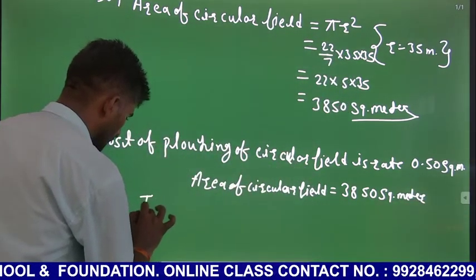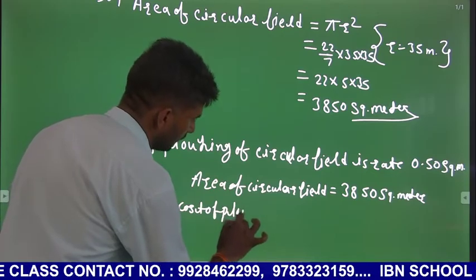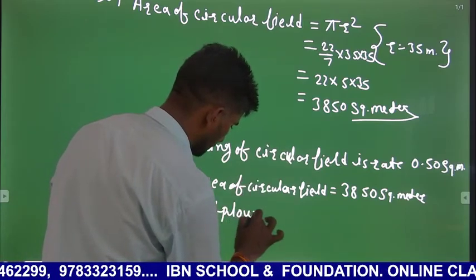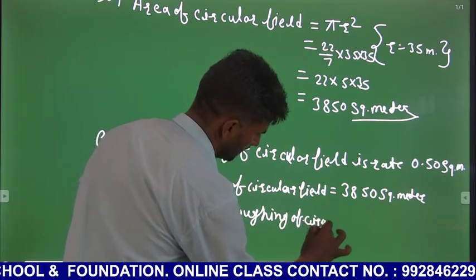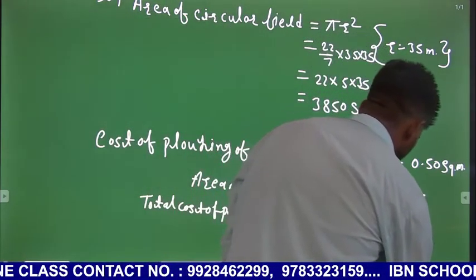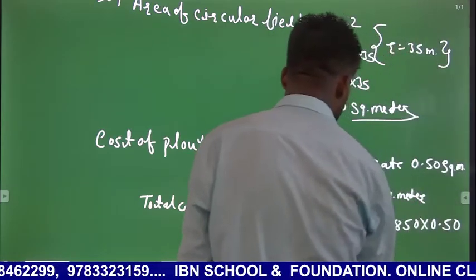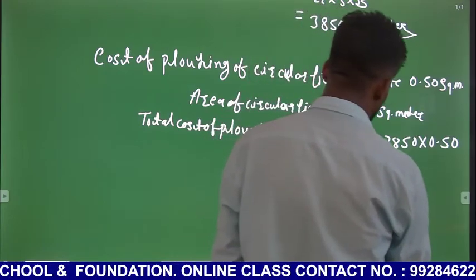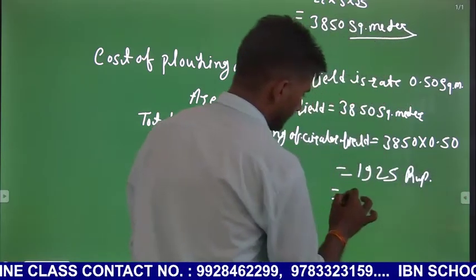So total cost of plowing is equal to 3850 multiply 0.5, and this is equal to 1925 rupees.